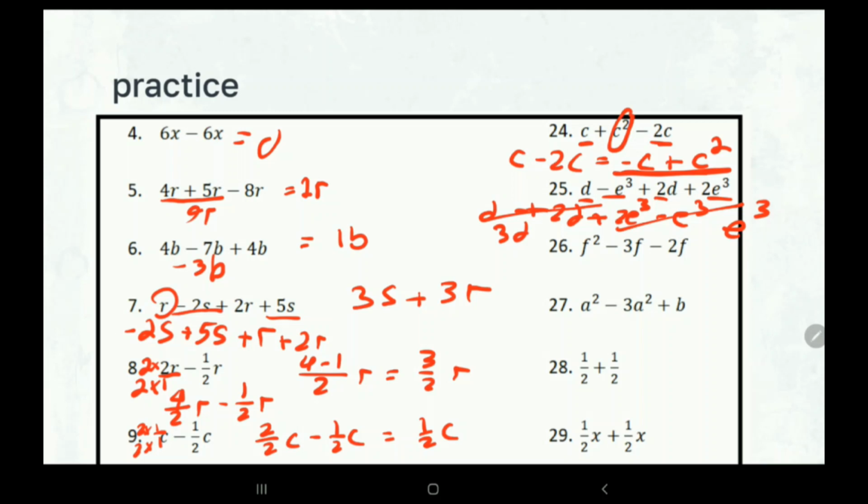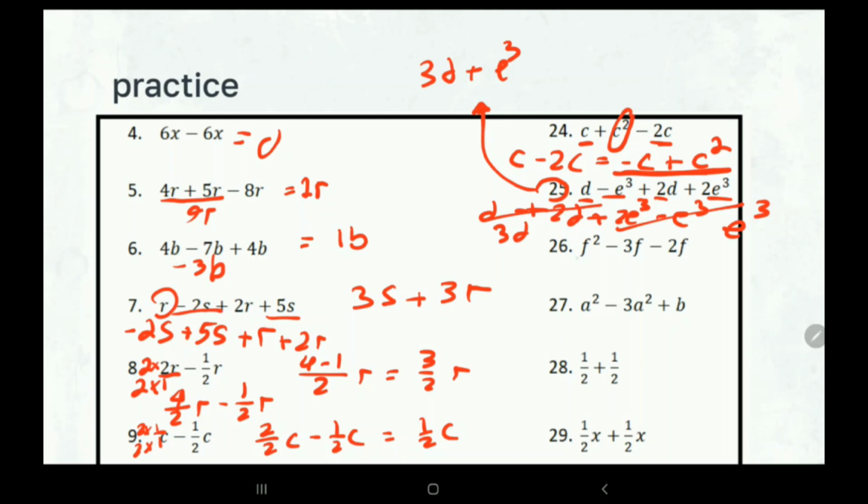I will write 25 here because I don't have much space. So 3d plus e cubed.